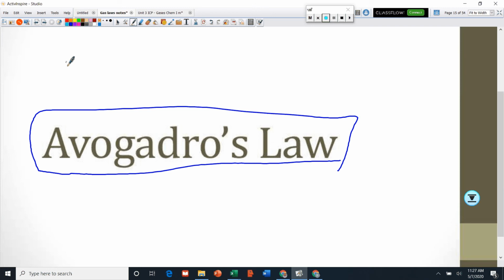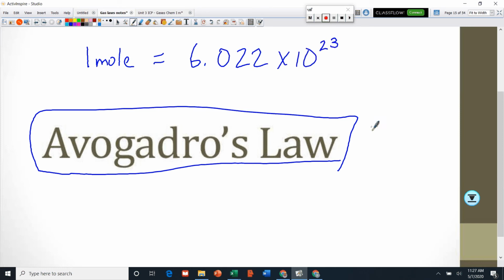He's known for establishing the relationship that 1 mole of any substance is 6.022 times 10 to the 23rd units of that substance. Avogadro did a lot with chemistry, but basically he defined what the mole is.